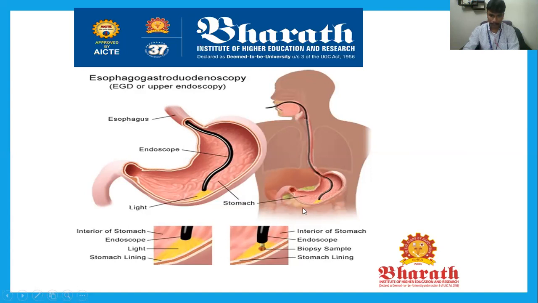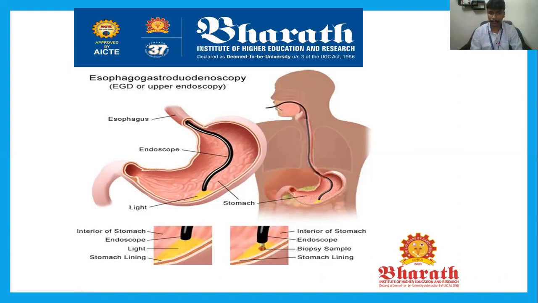Some kind of biopsy is being done, and the internal organ is being captured by using the light mounted through the fiber optics tube, and there will be a camera capturing the internal structure and transmitting it to the monitor.